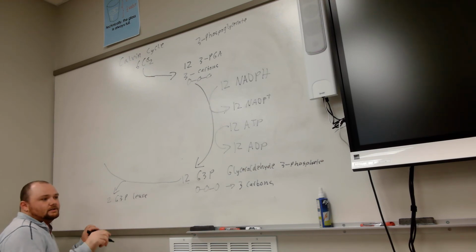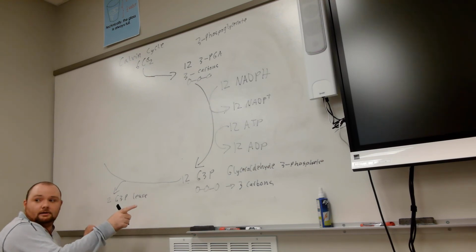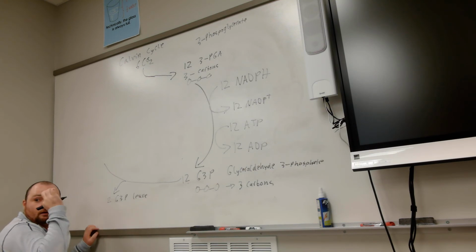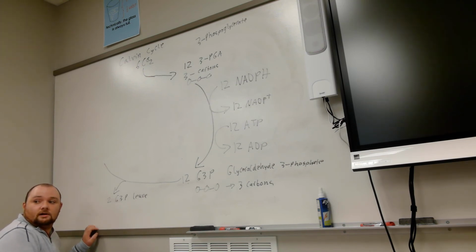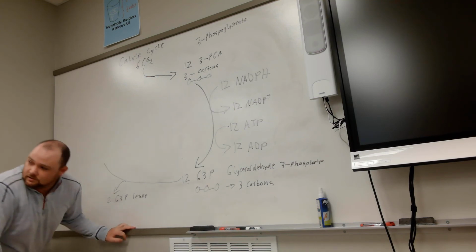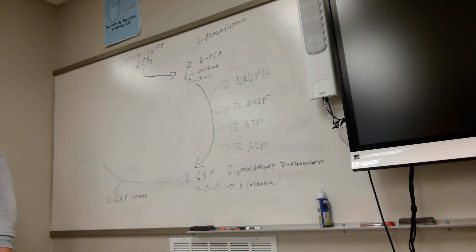Now, how many carbons are in G3P? 3 of them, right? How many carbons are in glucose? Well, in glucose, C6, right? C6H12O6.